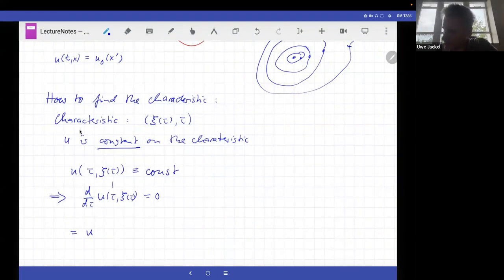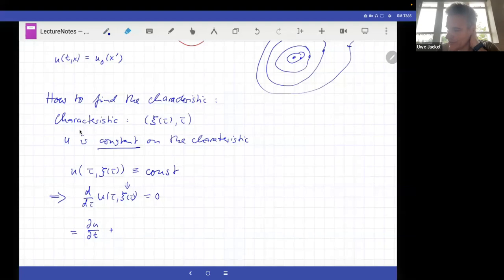First we take the derivative with respect to the first variable, the partial derivative du over dt, plus, there is also an implicit time dependence in the second variable, because the space variable depends on the time that we have spent on the characteristic.